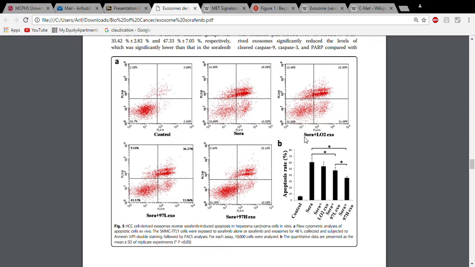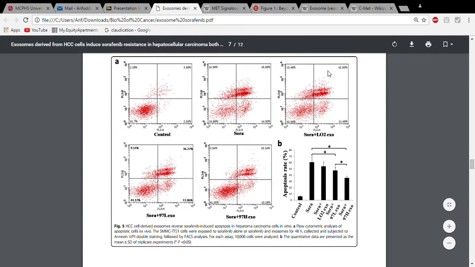When they add the regular normal liver cell line exosomes plus sorafenib, you don't see much of a difference. There's a slight difference: less apoptosis, because there are fewer cells in these two quadrants, but not a huge jump.